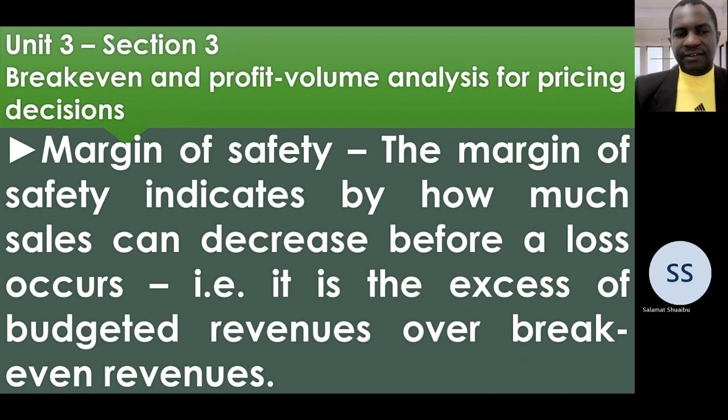It is the excess of budgeted revenues over break-even revenue. So a little bit higher to be safe, because if you are breaking even, there is vulnerability that you may slide down to make a loss. So what do you want to project your revenue or add to your sale volume to take you above the break-even so that you don't slide to a loss position? That is what margin of safety is.